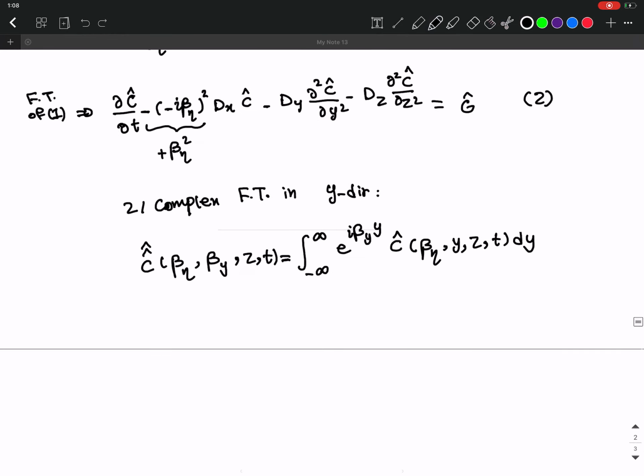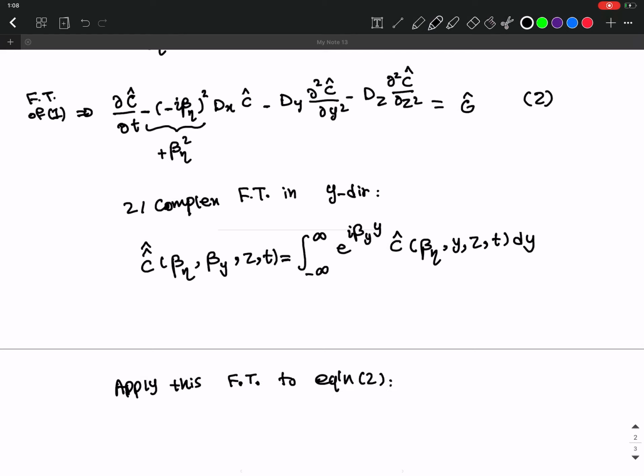So we apply this Fourier transform to equation 2.